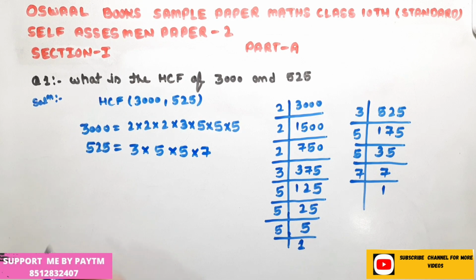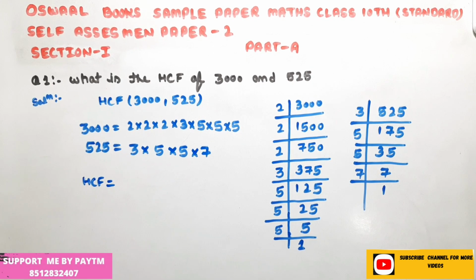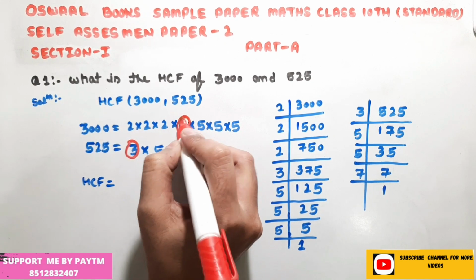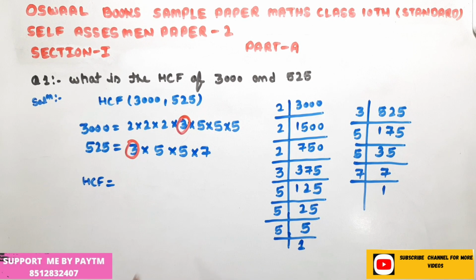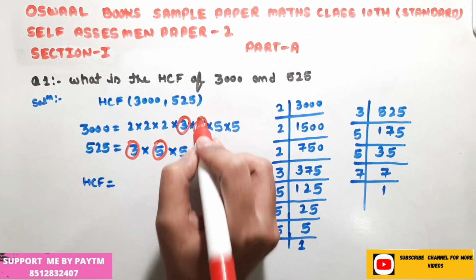Now the HCF will be, firstly here 3 is common, and 5 is common.